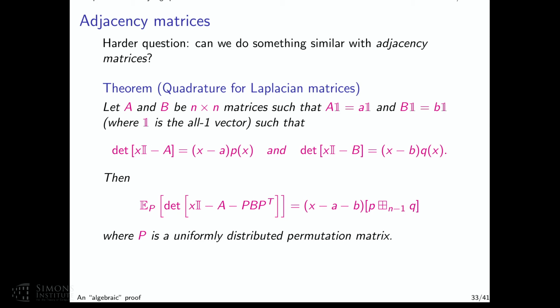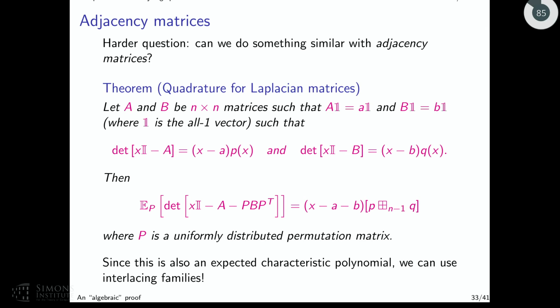What we can show is that if A and B are matrices such that the all ones vector is an eigenvector of both A and B, then you can strip off this eigenvalue and do the same sort of calculation as in the previous one where you form a convolution, and what you get is exactly what you would get if you took the expectation over all permutations of the characteristic polynomial of their sum, where P is a uniformly distributed permutation matrix.